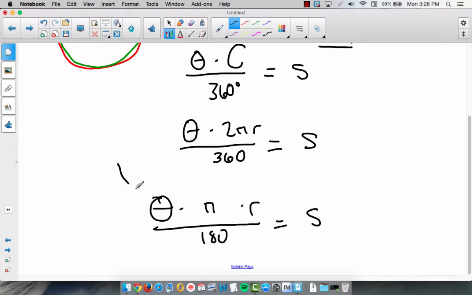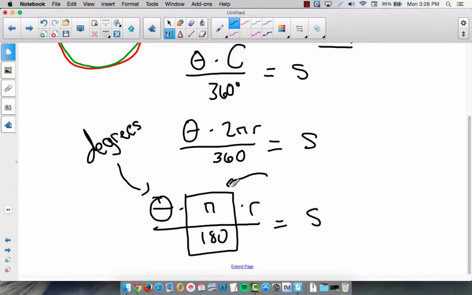If theta is measured in degrees, that's what we were talking about, right? We said 360 degrees. If that's measured in degrees, and then we multiply by pi over 180, what that does right there is change theta to radians.